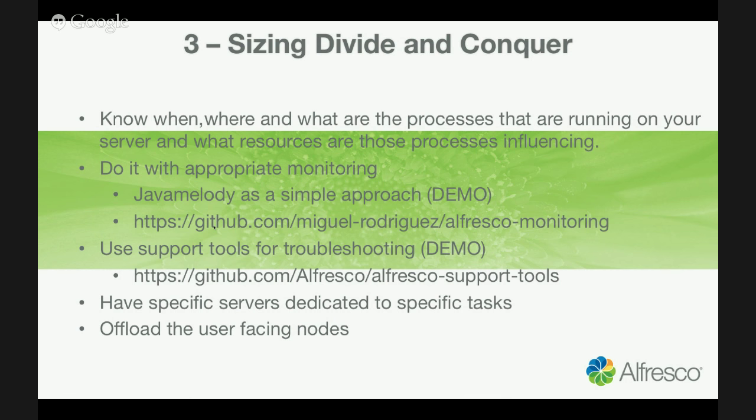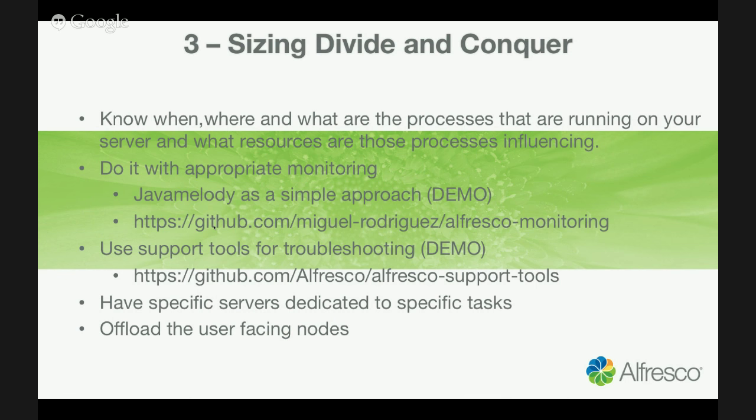You can have a dedicated Alfresco node just for the scheduled tasks and for the bulk import actions, configured specifically for those tasks, while you can have two user-facing nodes that are configured specifically to attend user requests and are not taking care of scheduled tasks, are not taking care of transformations, for example, or any other process that we can offload to different servers.